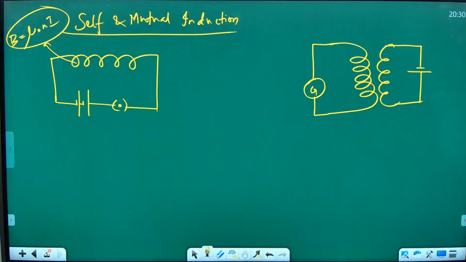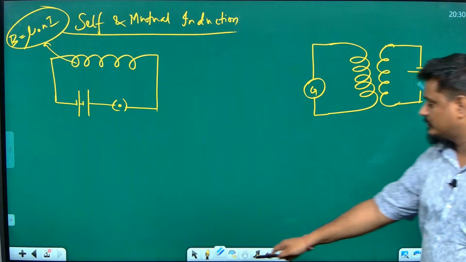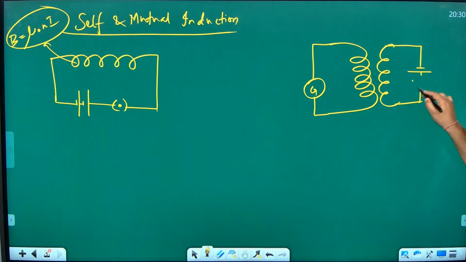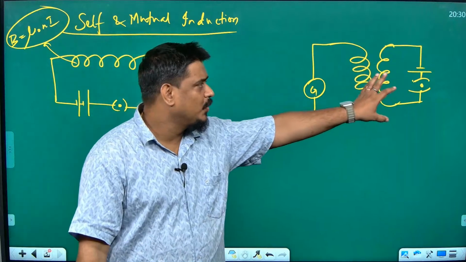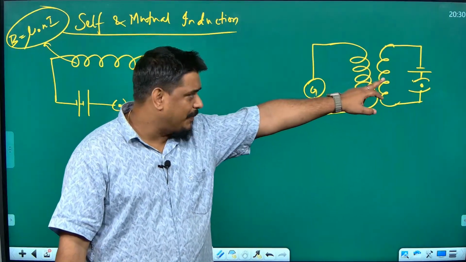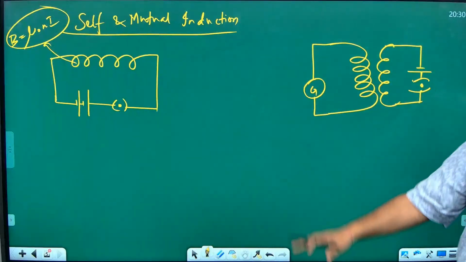Okay. Now please pay attention. Now what I have done? I have taken a circuit with a coil and a battery and a key, and another coil with just a galvanometer.